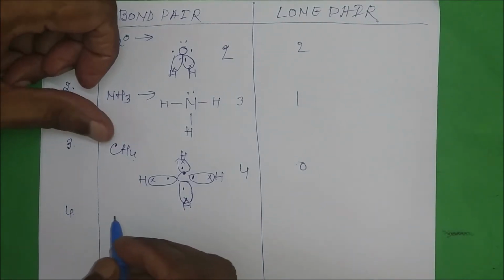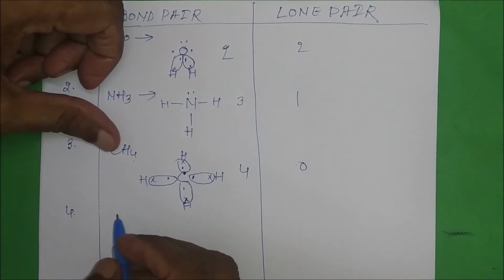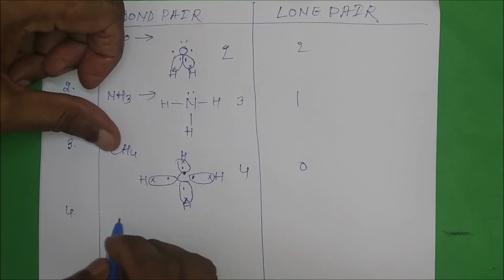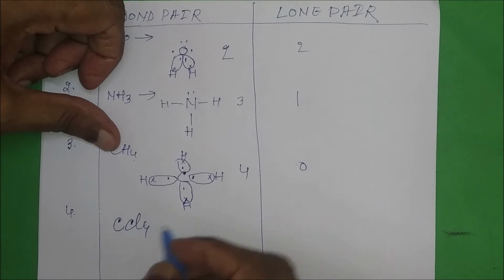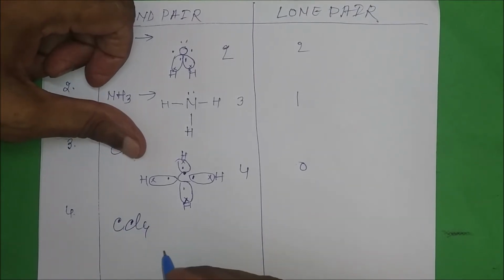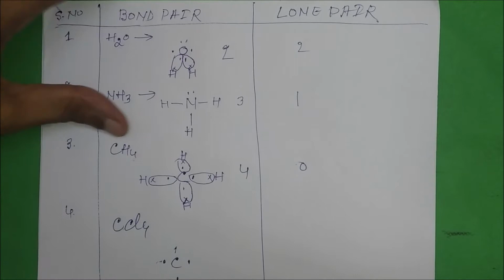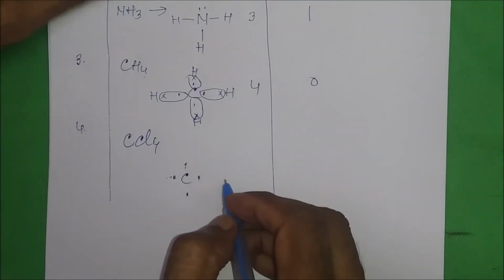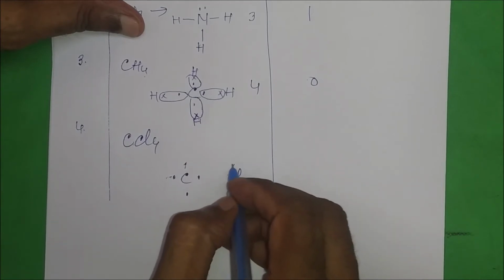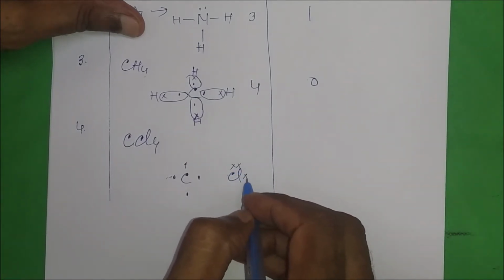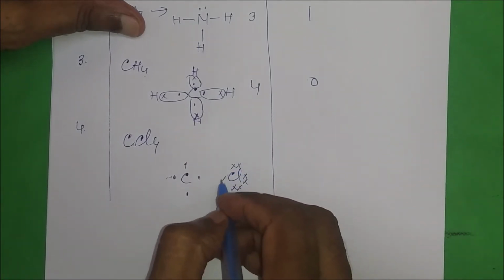Similarly, number 4, CCl4, right? So in that, what will be there? Look here. C is there, carbon 1, 2, 3, 4, right? And chlorine will have 7. 2, 4, 6, and 1, 7.